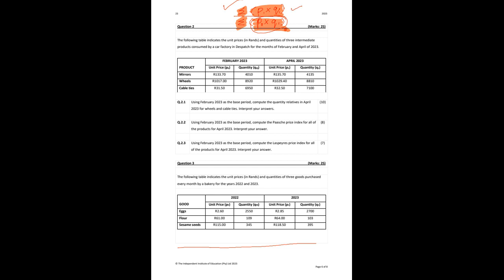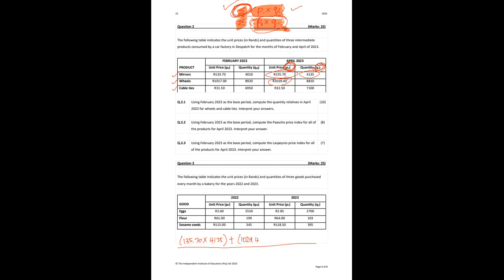So for instance, I'm just going to show you the first part of it. So P1 times Q1 for your numerator is, here's P1, here's Q1. So it's going to be 135.7 times 4135. So that's 135.7 times 4135 plus the next item, which is 1029.4 times 8810.